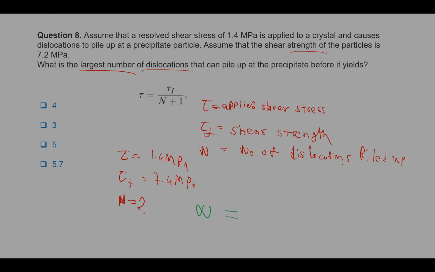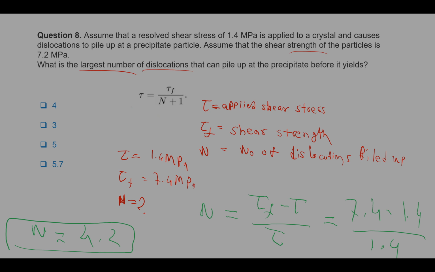So N will become tau F minus tau upon tau, 7.4 minus 1.4 upon 1.4. So if we calculate, N is equal to 4.2.